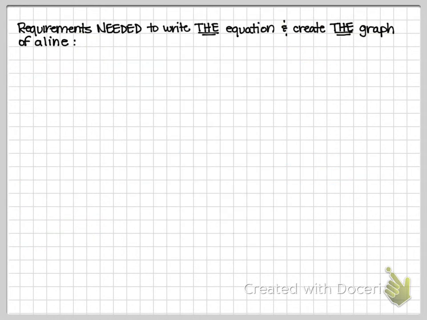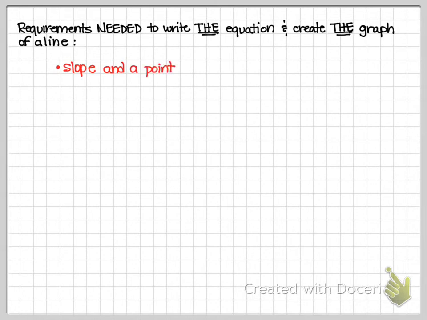So thinking back to what we just did on the previous slides, what are the requirements? It's like, what will get us what we need? Well, there was really only 2 combinations that worked for us. And that was if we had slope and a point.